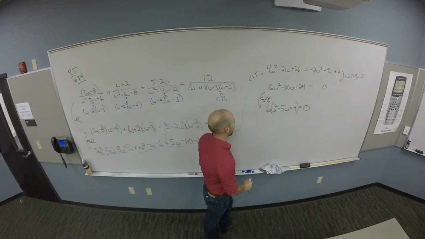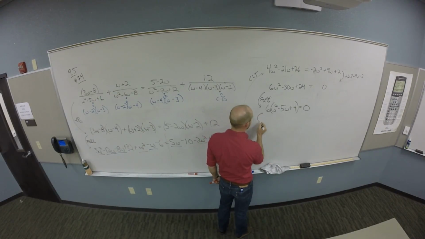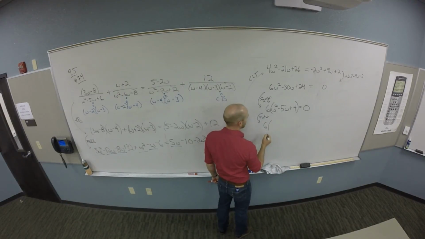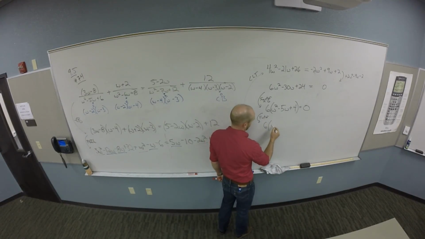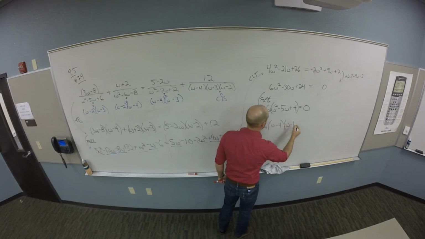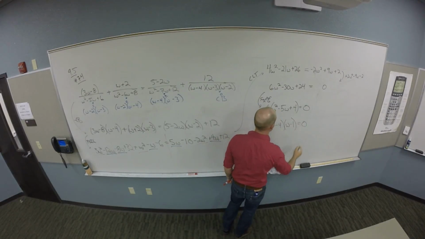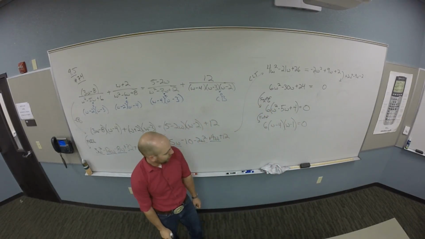Okay, so then we can factor this bit. So I've got 6 times w minus 4, w minus 1. Cool. So I've got 6 times w minus 4 times w minus 1 is 0.